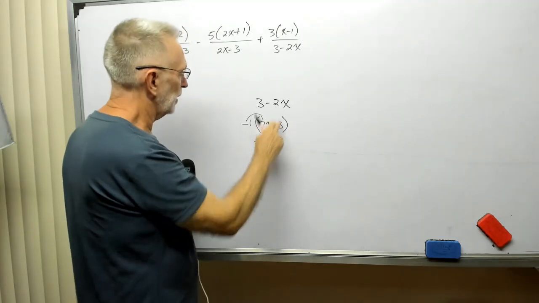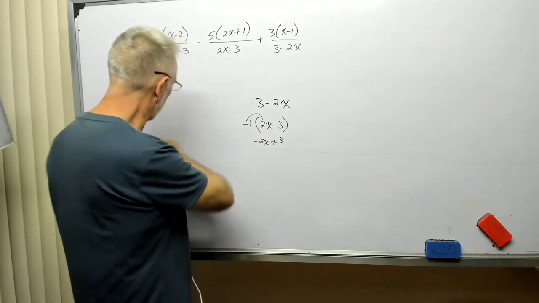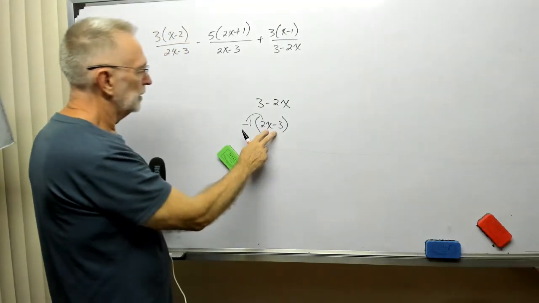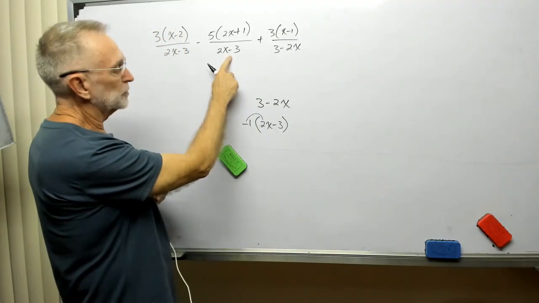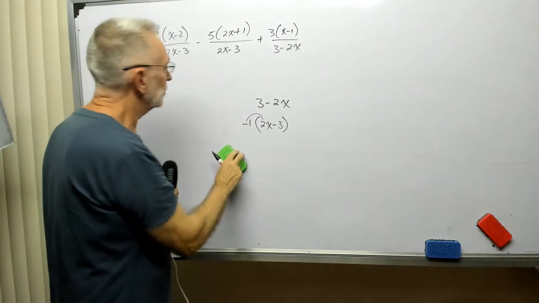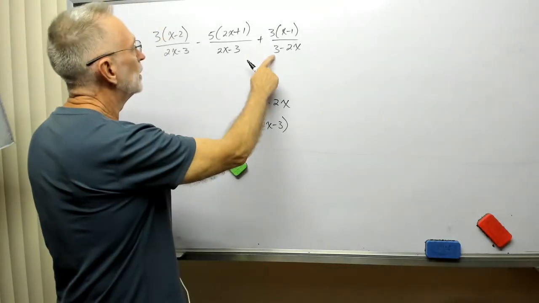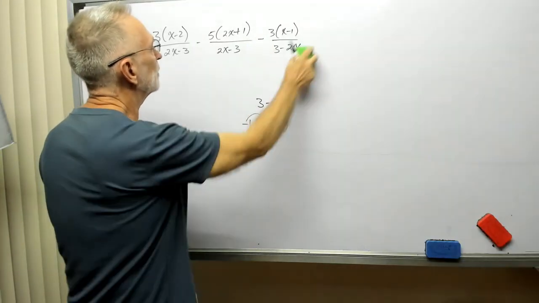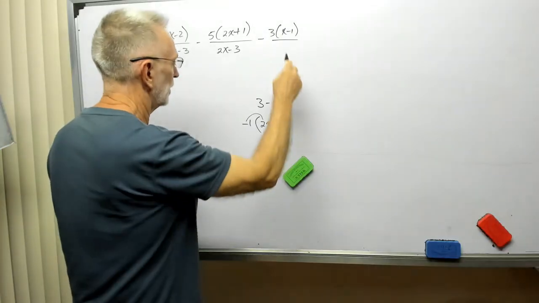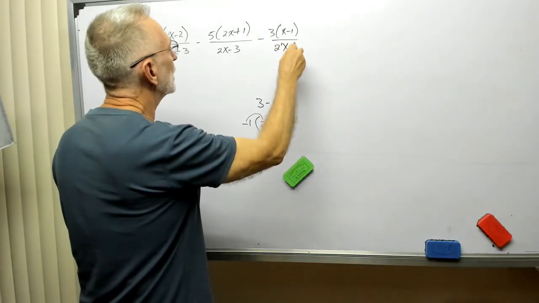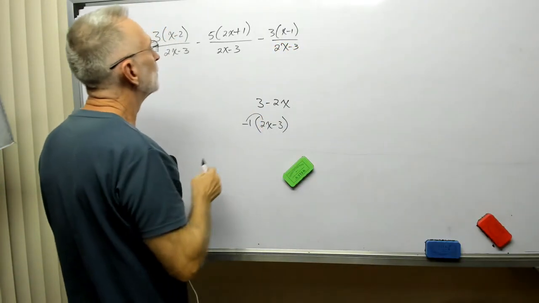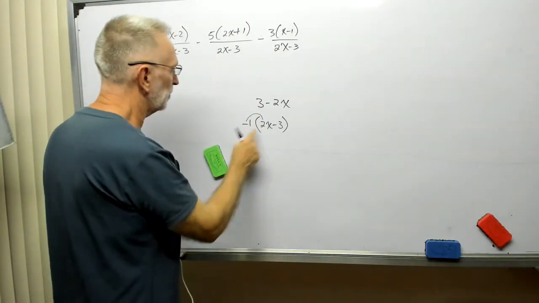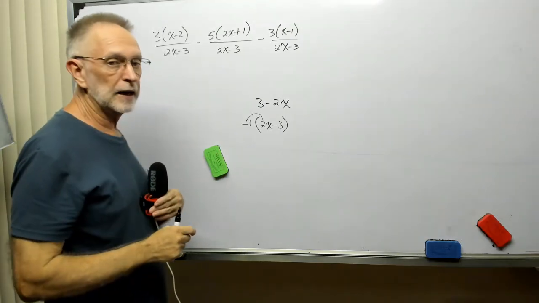So negative 2x plus 3, which is what I have here. But you'll notice that now gives me a 2x minus 3. So that's what I want to do. I'm factoring a negative 1 out of that. Negative 2x minus 3. So now I've changed that to a common denominator by factoring a negative 1 out.